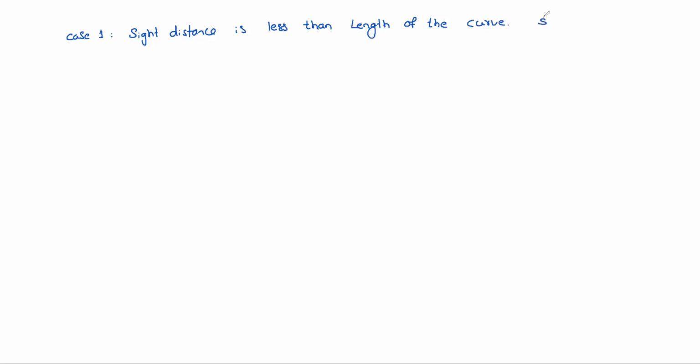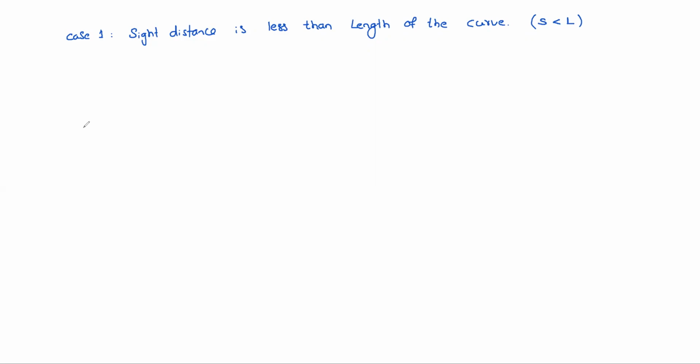Sight distance can be stopping sight distance or overtaking sight distance, whatever it may be. S, the sight distance, is less than the length of the curve L. Then how to find this setback distance, we will see. The road can be a single lane, double lane, 4-lane or 6-lane road, whatever it may be, we can calculate this setback.